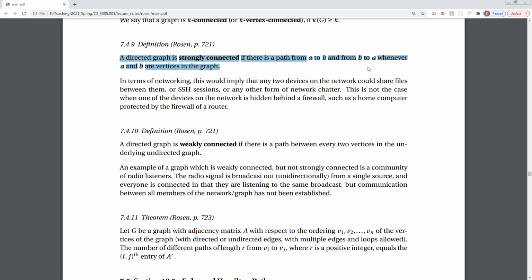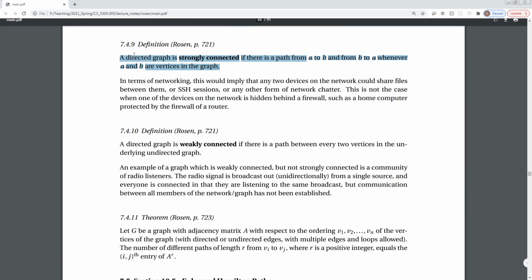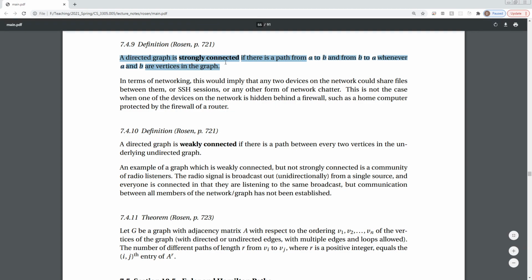But with one-way streets, right, where you're going only in one direction, you're not guaranteed to be strongly connected.